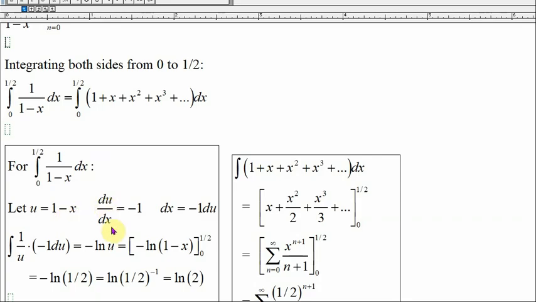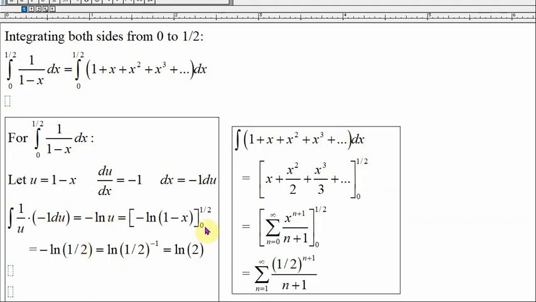So du over dx is negative 1, so dx is negative 1 du. And then this becomes 1 over u, and then dx is negative 1 du. And recall that the integral of 1 over u is ln of u, and then we have a negative right here. And then u is 1 minus x, evaluated from 0 to 1/2.